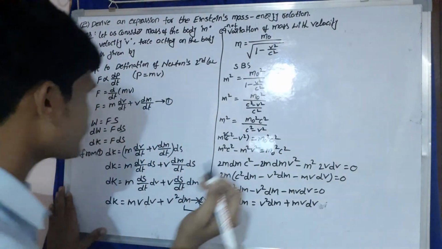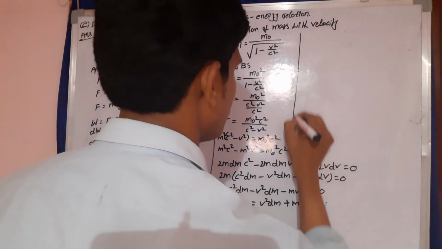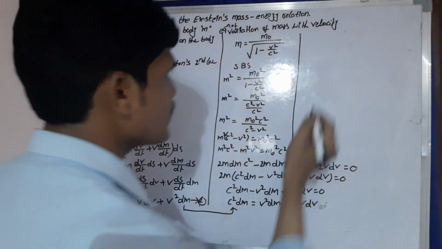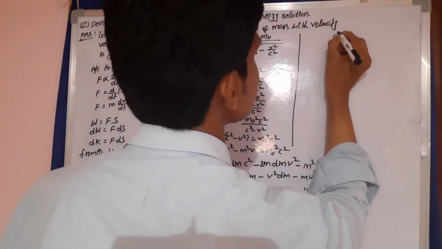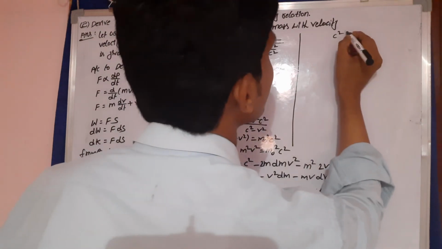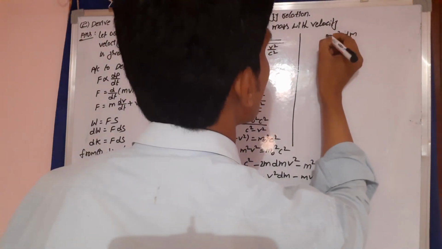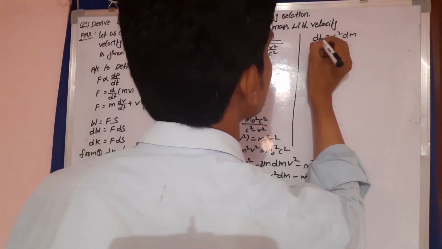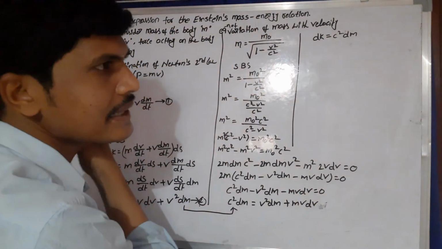So c square dm equals dK. K means kinetic energy.